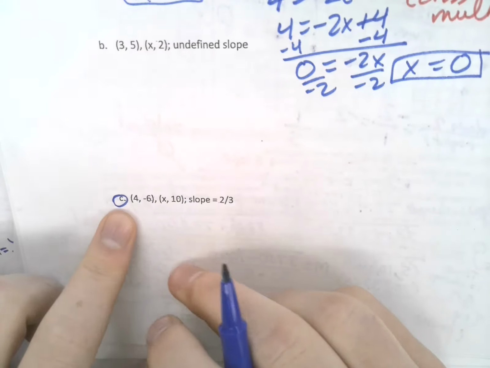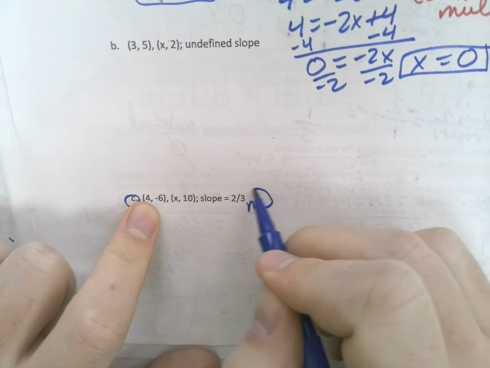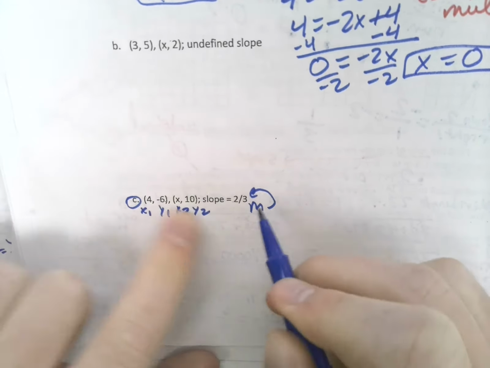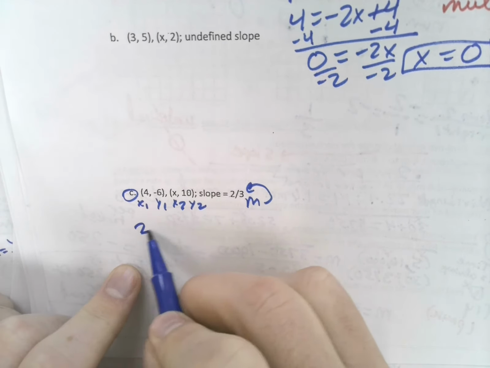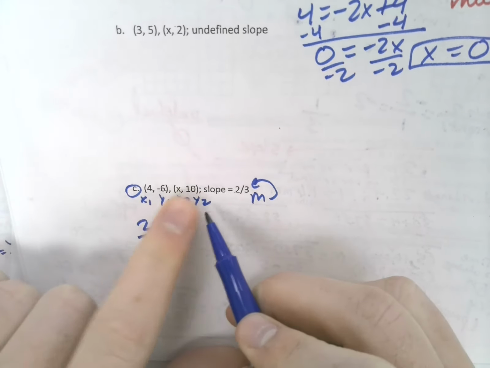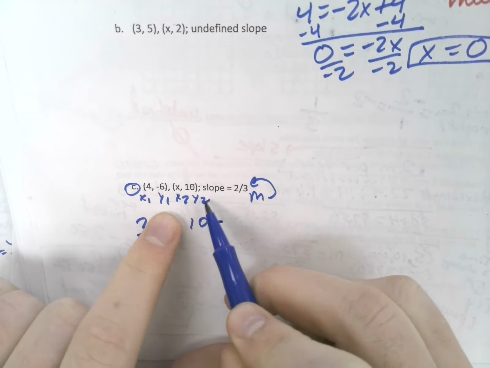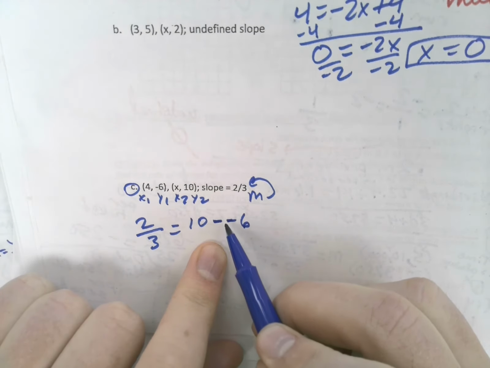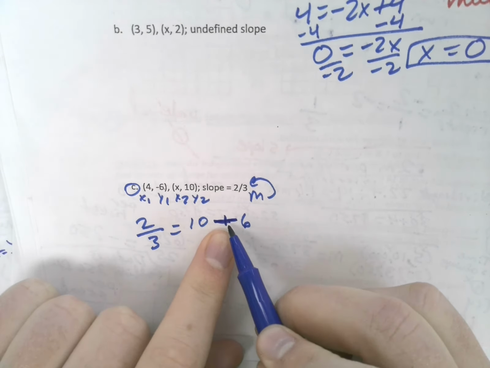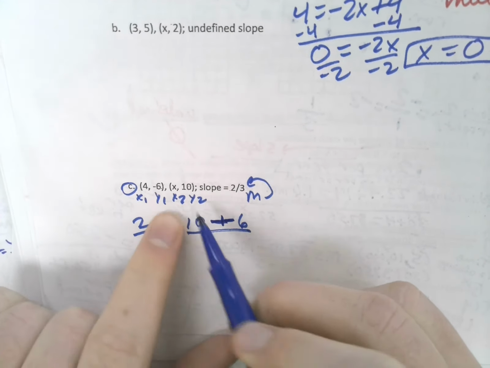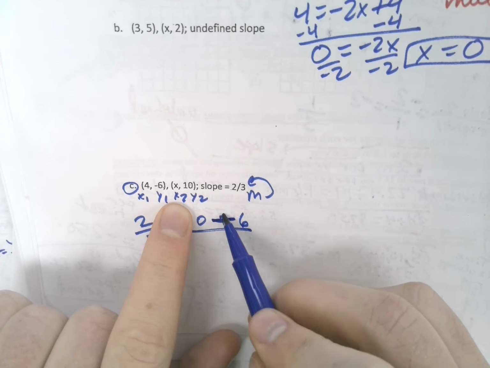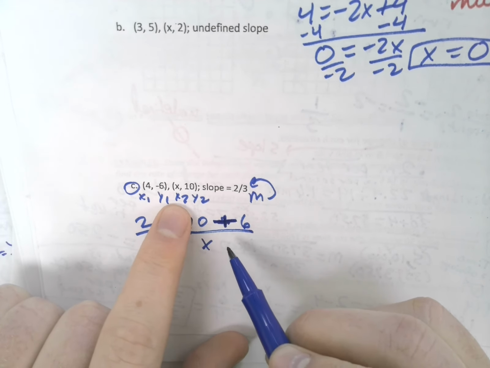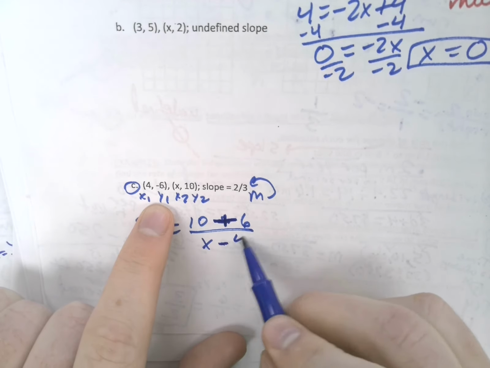I like this one. So again, here's our m. x1, y1, x2, y2. Okay? So m equals, so 2/3 equals y2 minus, oh shoot, y1's already a negative. What's that going to mean? Means that becomes plus over x2, it's a plus, so x minus 4.